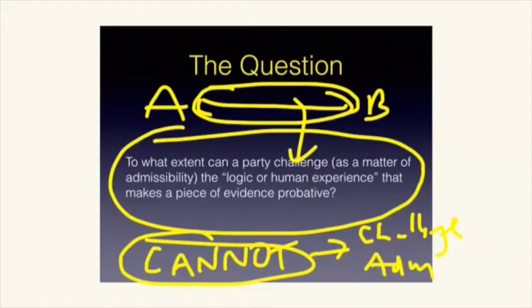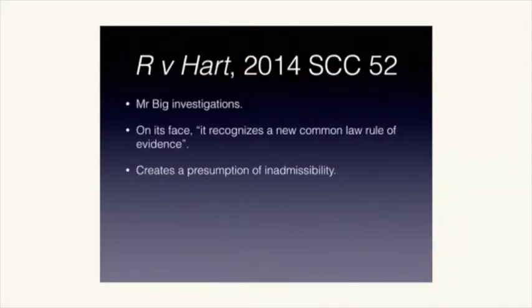However, if you can challenge the logic or human experience, you can have a lot more questions resolved at the admissibility stage, rather than simply saying that weaknesses in the inference that you're trying to draw based on logic or experience go to questions of weight. So this is a big question, because it really talks about how much evidence we're willing to exclude where we cannot show, or where it can be disputed, whether that evidence proves what you want it to prove.